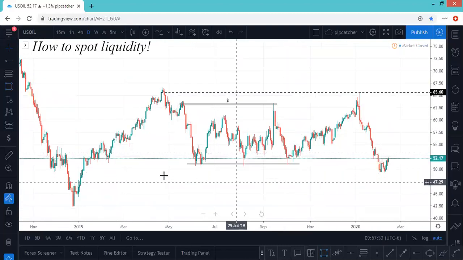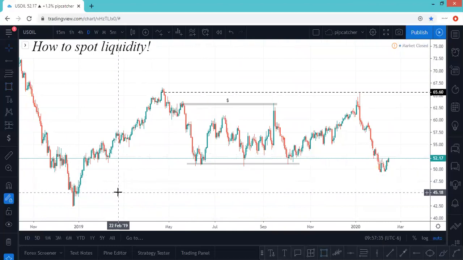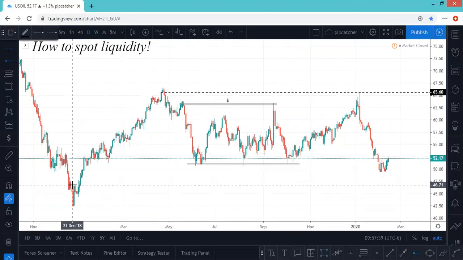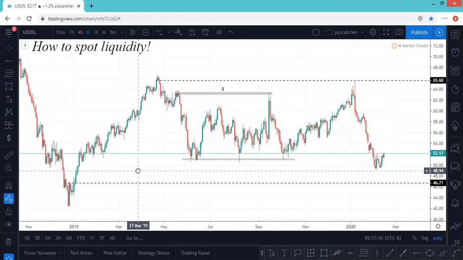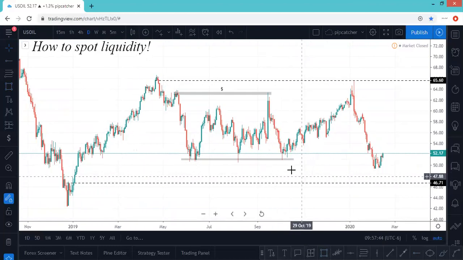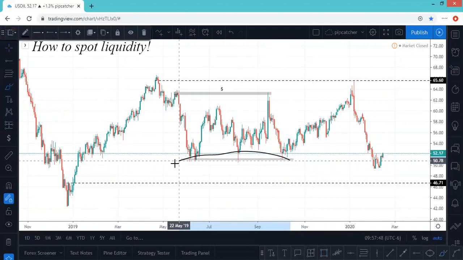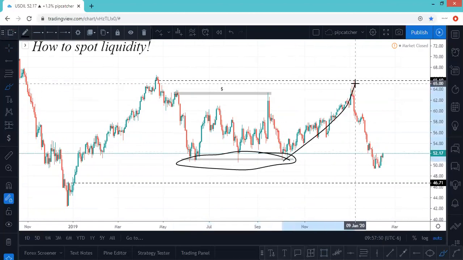Okay? There's clear support. And maybe we can see a play on oil just a little bit lower than where everyone else was buying at right here. Imagine if people were buying here, right?